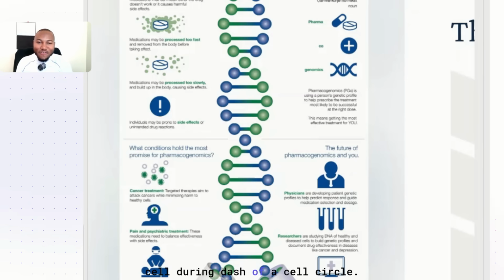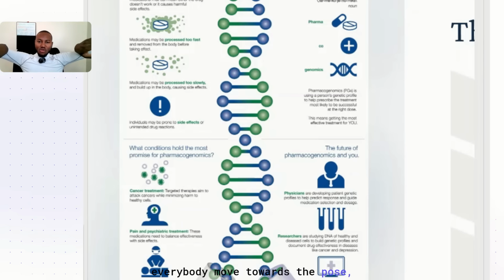Now there is this question that says, sister chromatids are pulled to the opposite poles of a cell during dash of a cell cycle. Okay, the options: metaphase, prophase, anaphase, the G2 phase, and the S phase. What is the answer from here? Usually we know that going to the poles is telophase, correct? But there's no telophase in this question. So what else are we thinking about? Anaphase, because that's when everybody moves towards the poles, right?